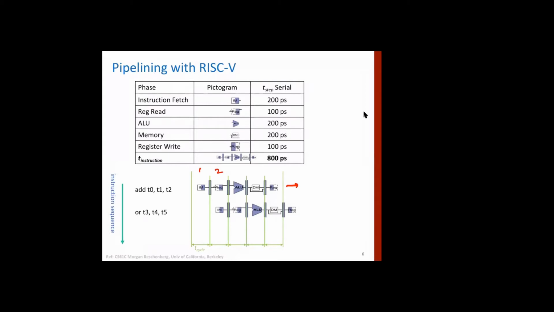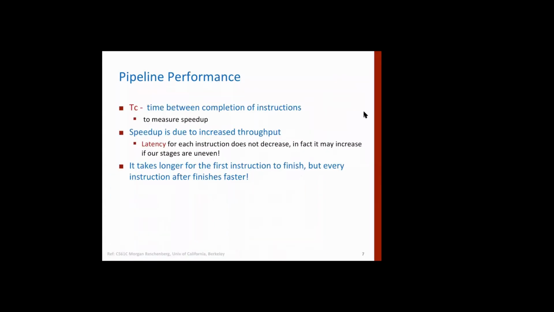In the third clock tick, we can see that for the first instruction ALU operations are happening, in the second instruction register read is happening, and so on, right? And this is the third instruction. So at any point in time, if we have a five stage pipeline, there can be five instructions. Okay, all right.